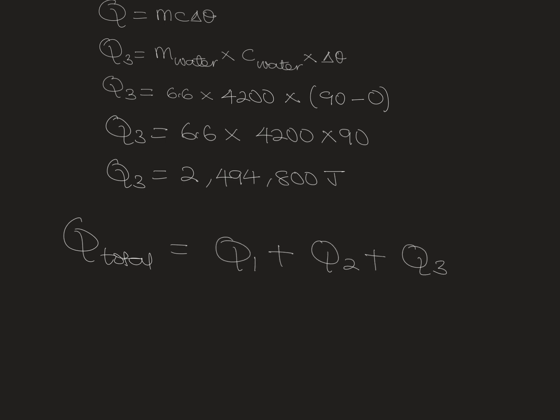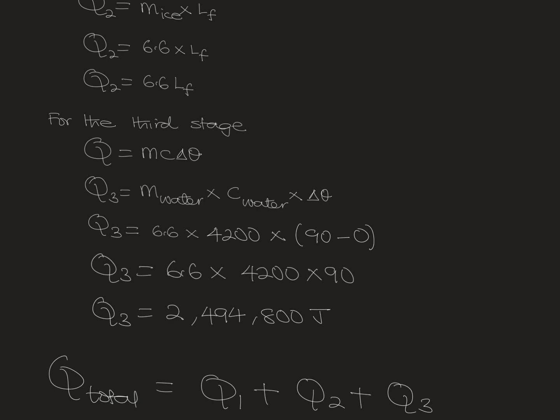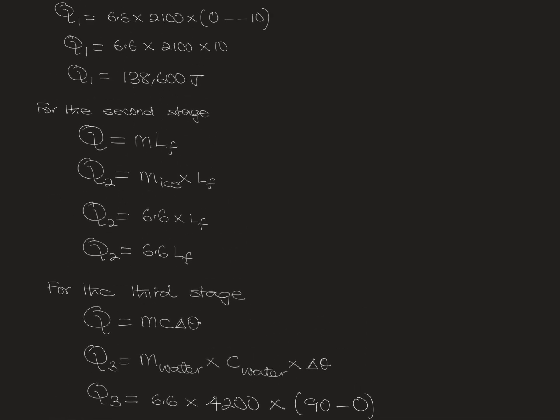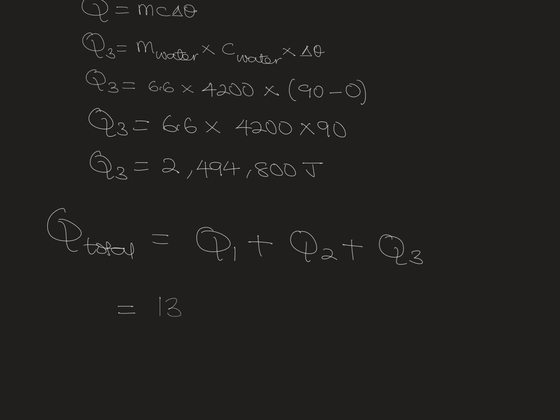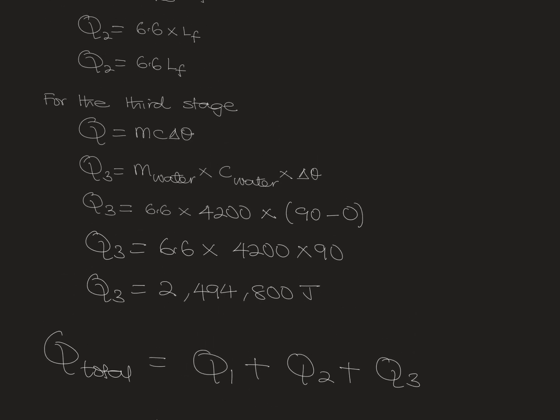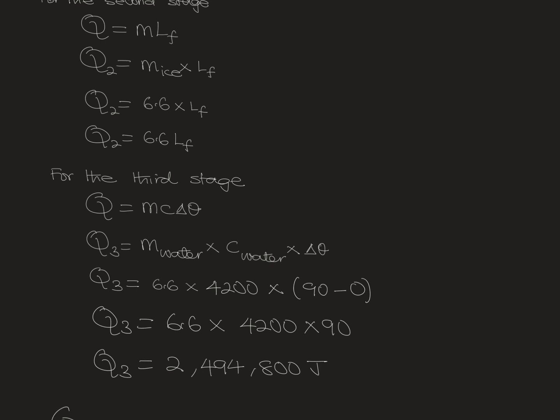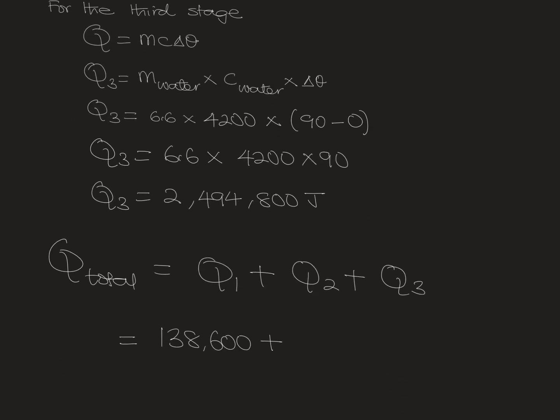So what is Q1? Q1 is 138,600 joules, plus what is Q2? Q2 is 6.6 times the latent heat of fusion. Okay, we don't have an exact value for it. 6.6 LF plus what is Q3?